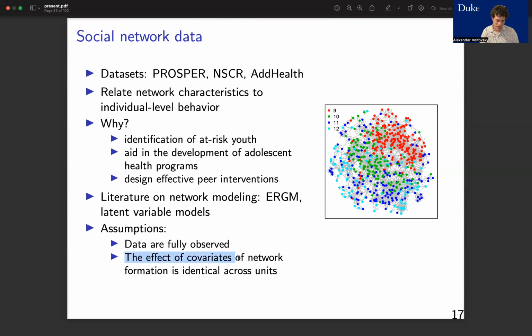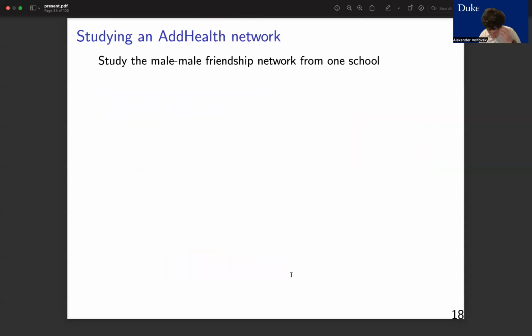What we'll concentrate on is how we can inject some kind of differentiation between the effect of covariates on different individuals. So we're going to take a look at the male-male friendship network from one school in AddHealth.